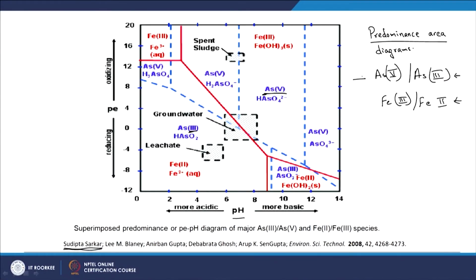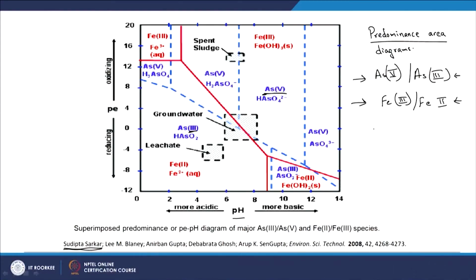Here we are going to look at predominance area diagrams with the two couples identified, and try to understand the system in terms of what we see out there in nature and why it's relevant, right. At the same time, we are hopefully going to bring into play all the relevant aspects we have discussed thus far.